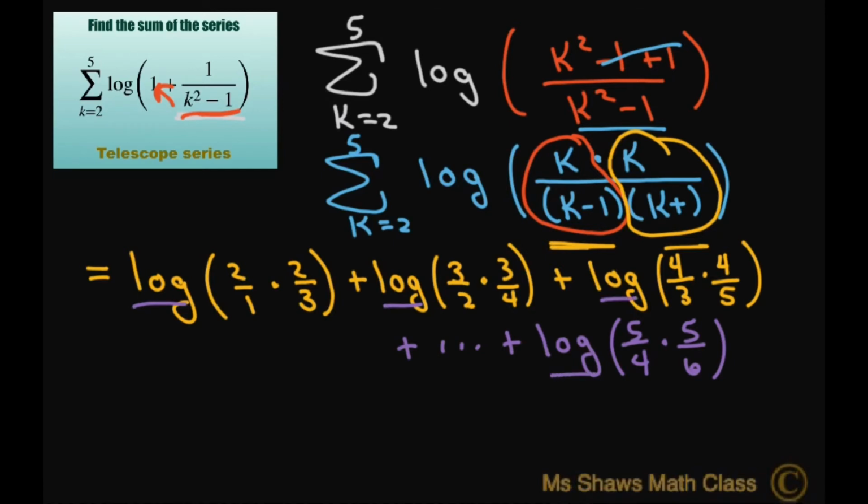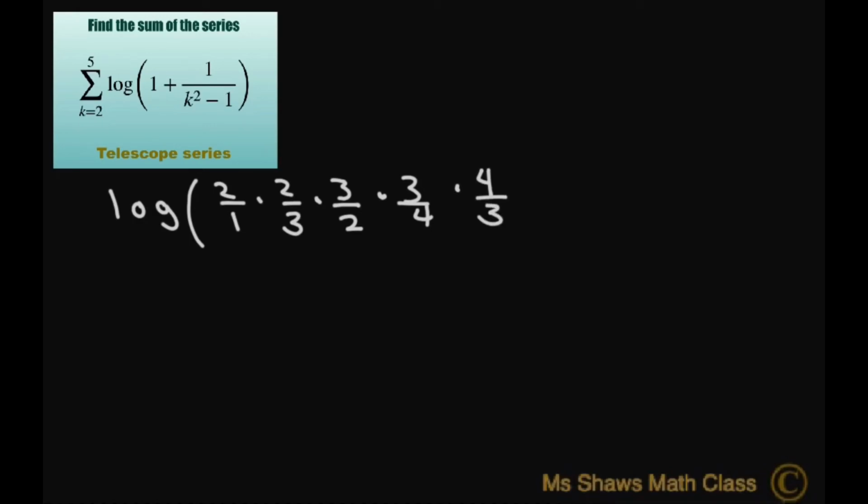So that's going to be equal to log, and we're going to have 2 divided by 1 times 2 divided by 3 times 3 divided by 2 times, remember we're using the product property of log, 3 divided by 4 times 4 divided by 3 times 4 divided by 5 times 5 divided by 4 times 5 divided by 6.